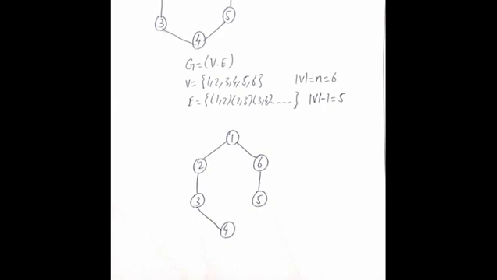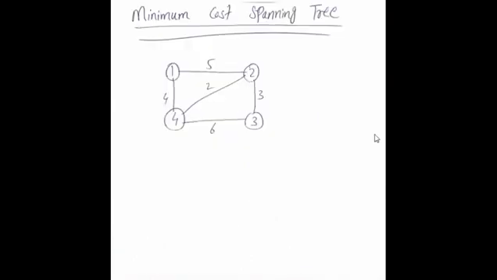Let's see another example of a graph, but the difference here is that this graph is a weighted graph. Here the edges have some costs. So how can we draw the spanning tree for this weighted graph? Let us draw all the possible spanning trees for this graph.